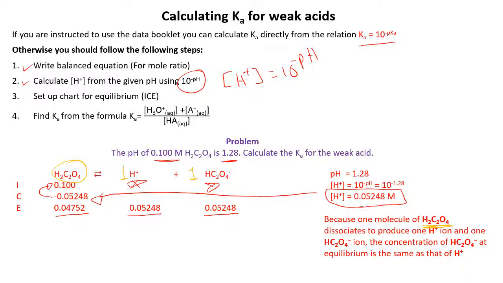So the concentration of HC2O4 negative at equilibrium is the same as that of H positive. For that reason, they have the same concentration.